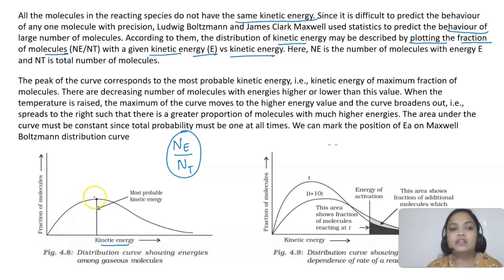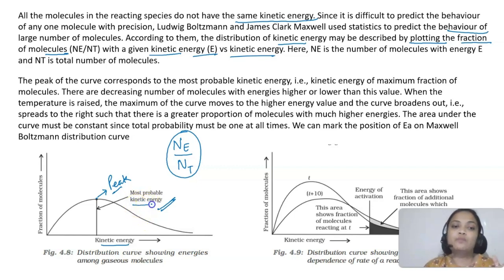It first increases and then decreases. What does this peak indicate? It indicates the most probable kinetic energy. Most probable kinetic energy is the kinetic energy possessed by the maximum fraction of molecules, the maximum fraction of the total number of molecules possessing that particular kinetic energy.